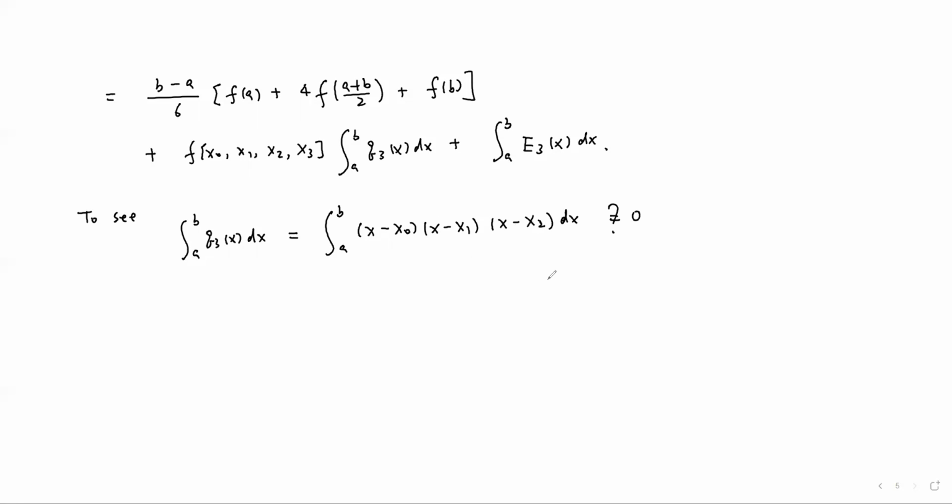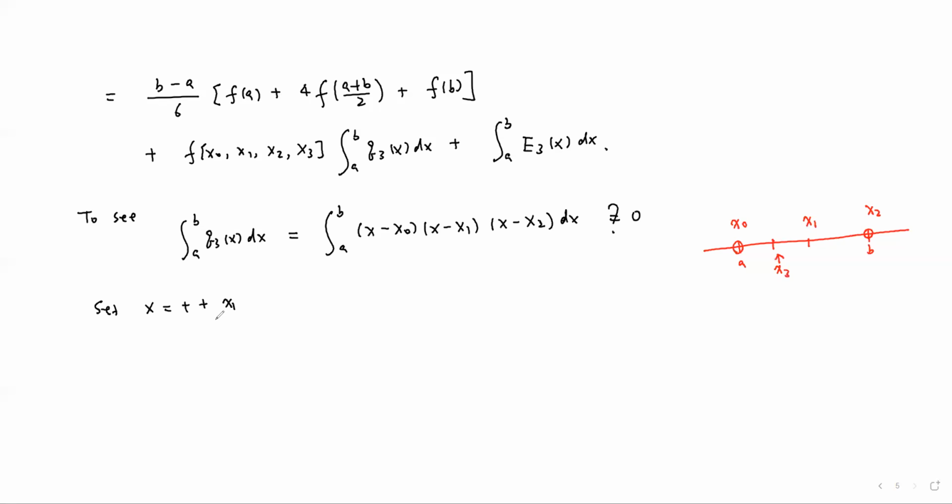Let me make a change of variable. I set x equal to t plus the midpoint, x1 being the midpoint. Here are a, x0, the midpoint x1, and x2, and x3 is an arbitrary pick.